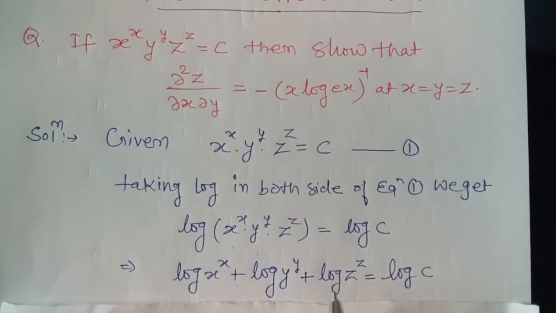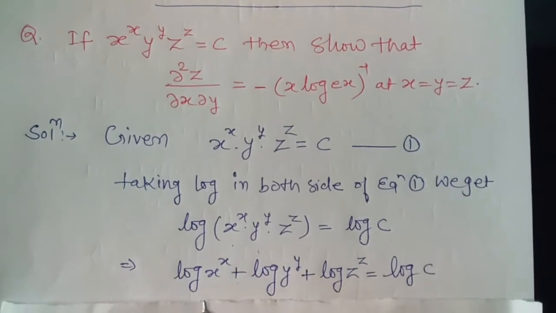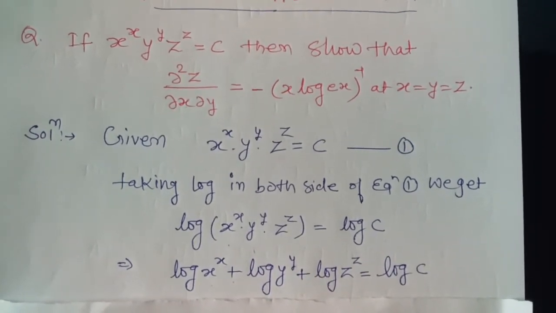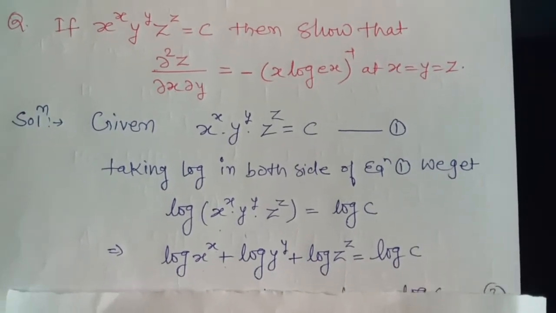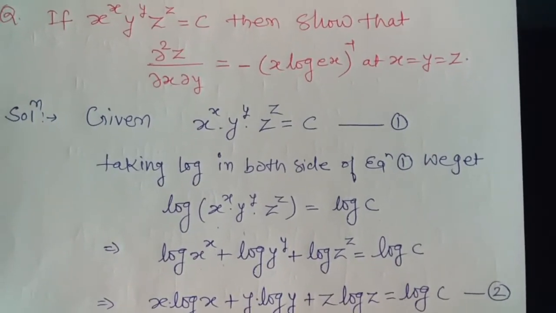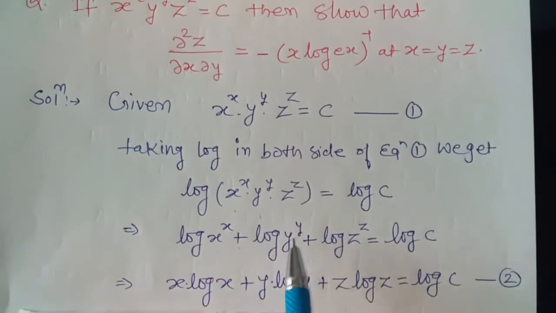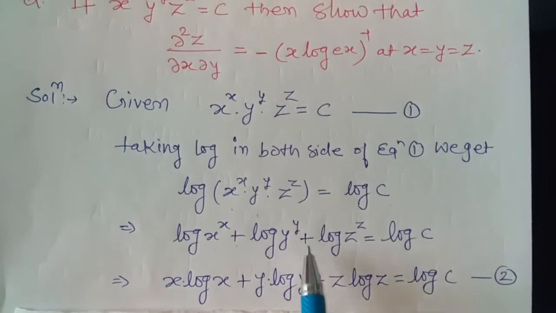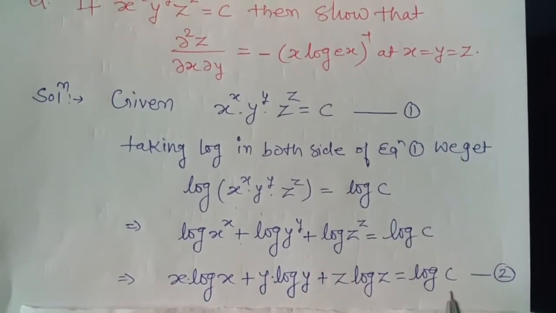Further, we know that log m^n is n log m. So again using this property, the expression becomes x log x + y log y + z log z = log c.